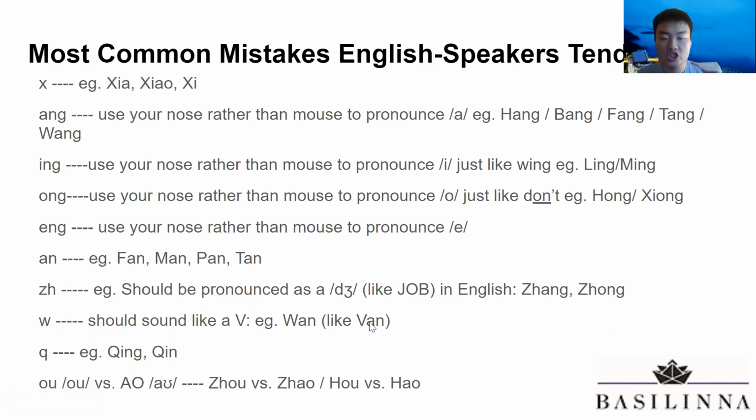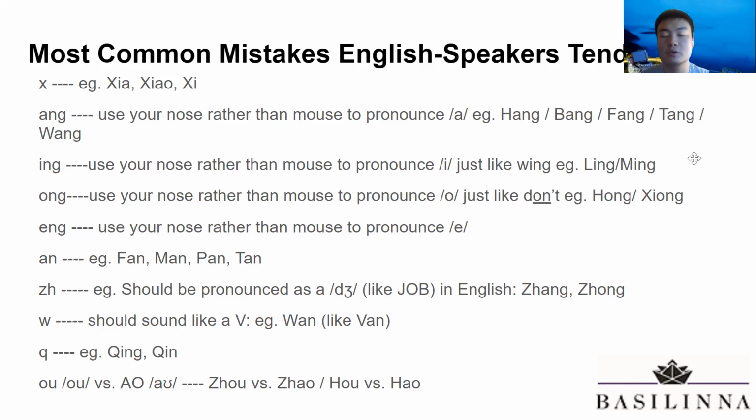Let's look at the next one. The next one would be zh, just like the j in job. Okay, let's practice some. First one, zhang, zhang. Second one, zhong, zhong. Okay. Next one, the w sound. Let's mention it sounds like v.